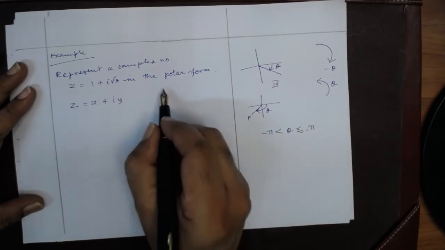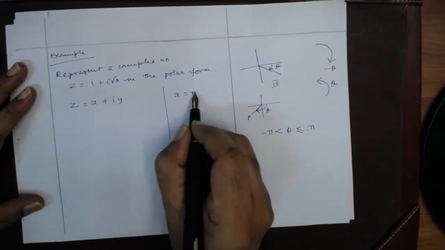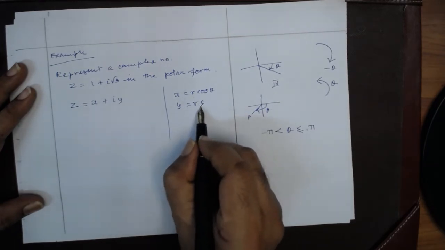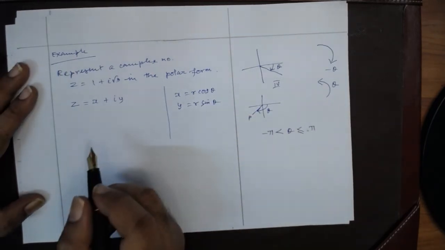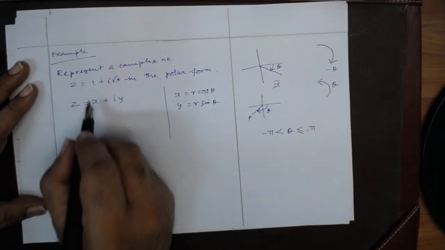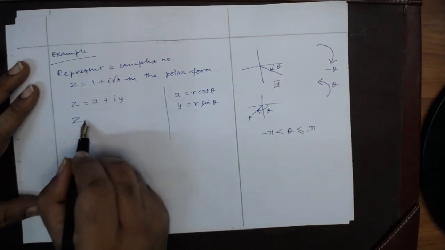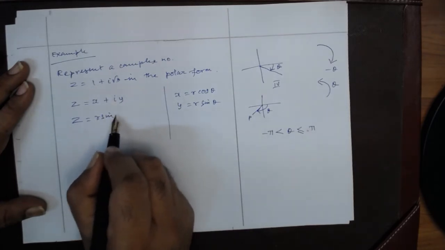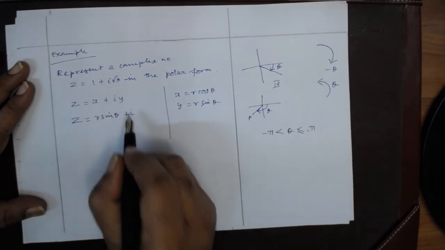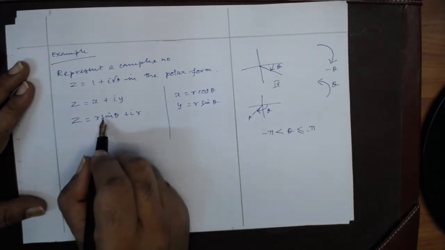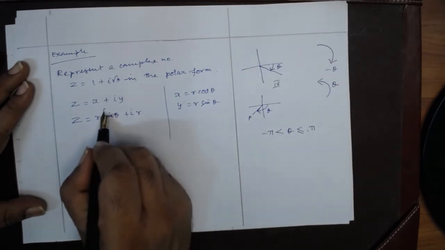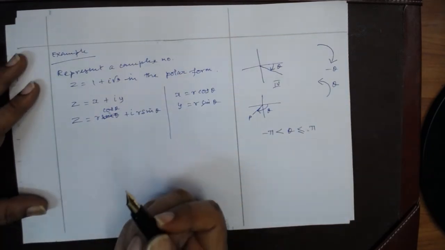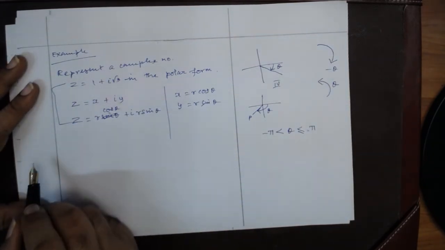And we know x is r cos theta, y is r sin theta, is it not? Therefore, in terms of polar coordinates, instead of x you can put r cos theta, and instead of y, r sin theta. So we can compare these two.